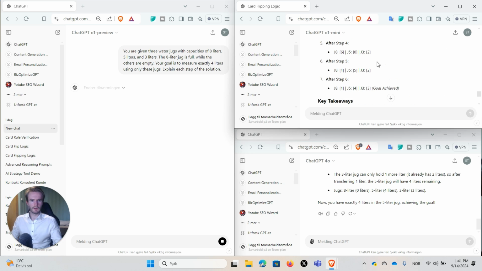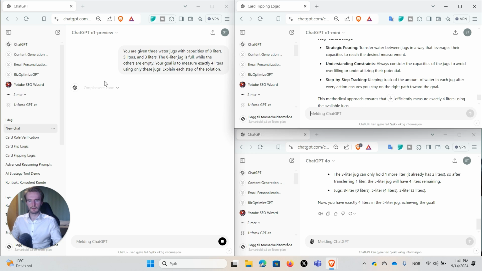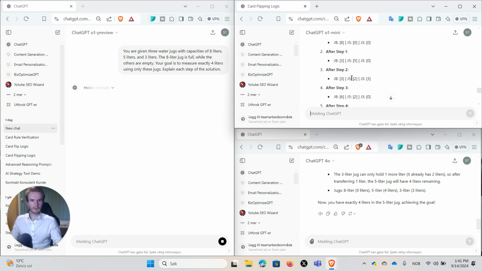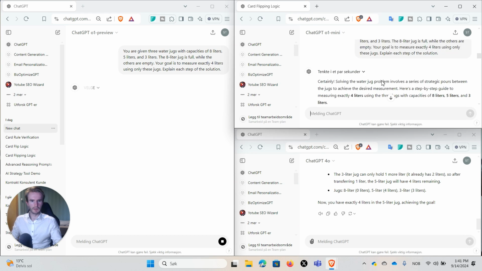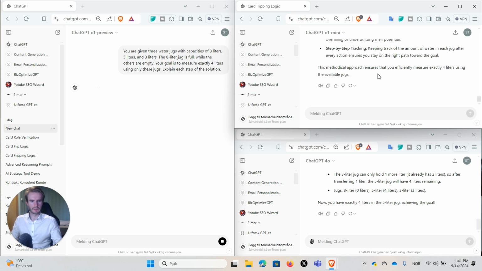What I find a bit fascinating as well is that this one answers me in Norwegian while O1 Mini goes in English, which I don't completely understand the reasoning for, but maybe it takes basis in the memory I have used on ChatGPT from earlier chats, which I assume is the reason why it answers in Norwegian here and English here. So let's see what actually happens from here.